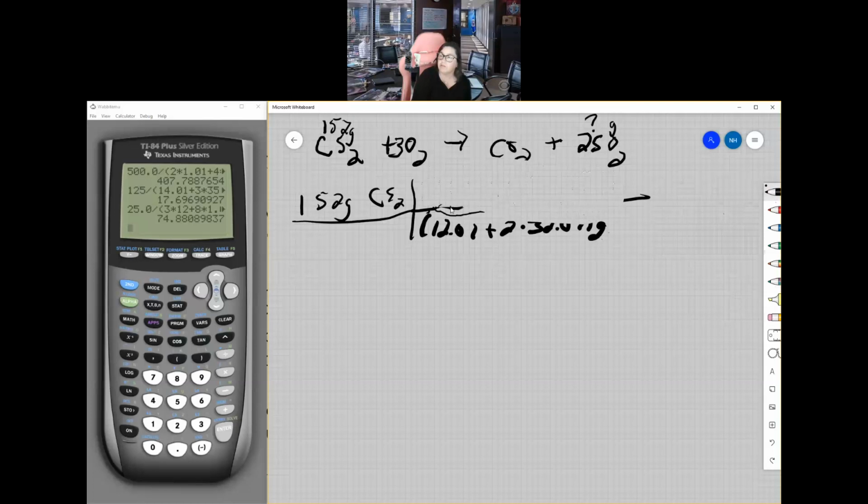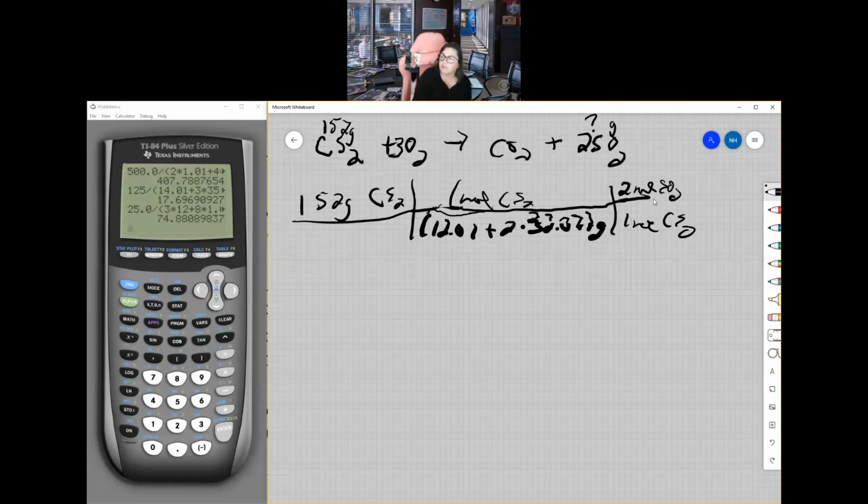Way too much. And this is 2, 0, 7 per mole. CS2, 2 mole.